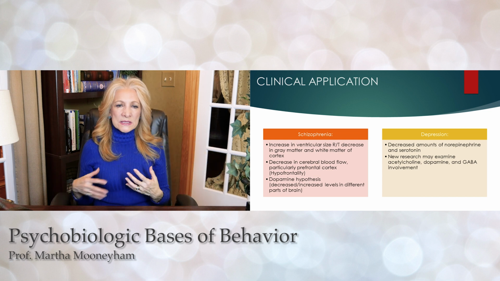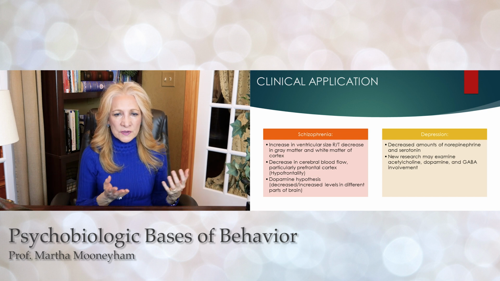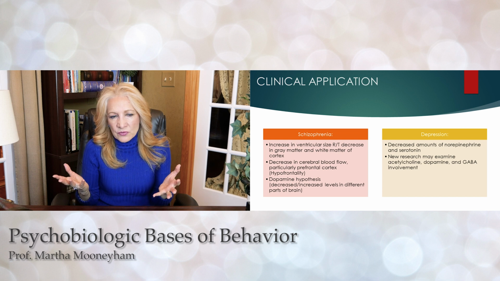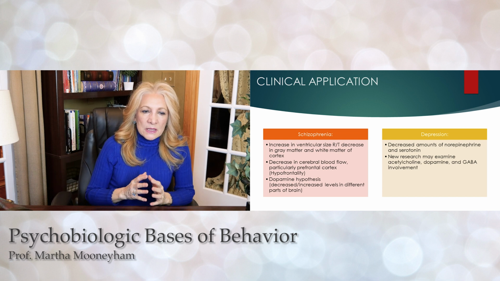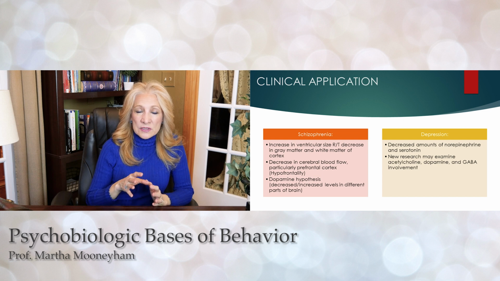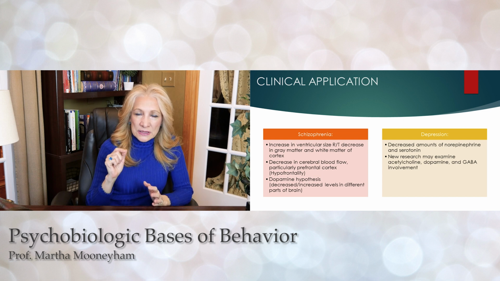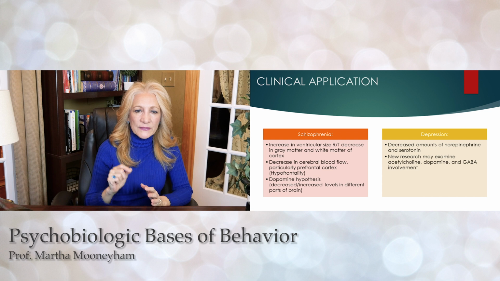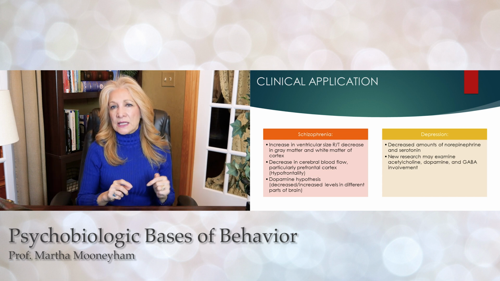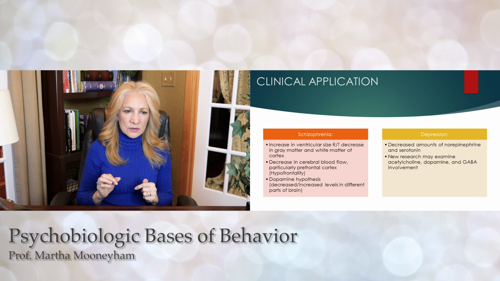And so what is the clinical application of this information, for example, with regards to schizophrenia? We have found, for example, that there is an increased ventricular size related to decrease in gray matter and white matter of the cortex in patients with schizophrenia. And I touched on this a little bit earlier.